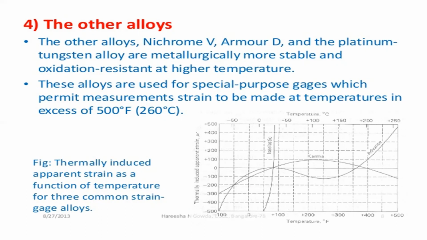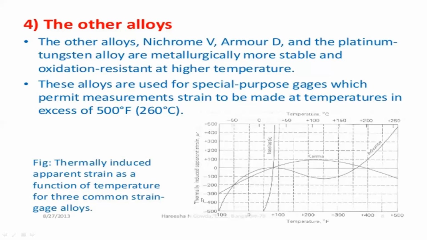Okay, so you can see the other alloys used in the strain gauges. You can see that graph: the isoelastic graph, the Karma graph, and the advanced alloy graph. And next, other materials are used; you can observe the graph. So we can maintain the temperature. The temperature is changed in those strain gauges.